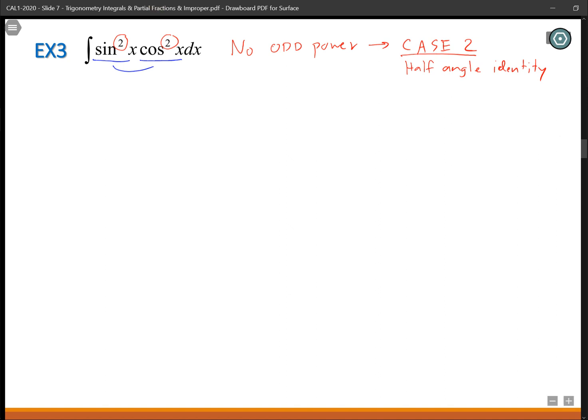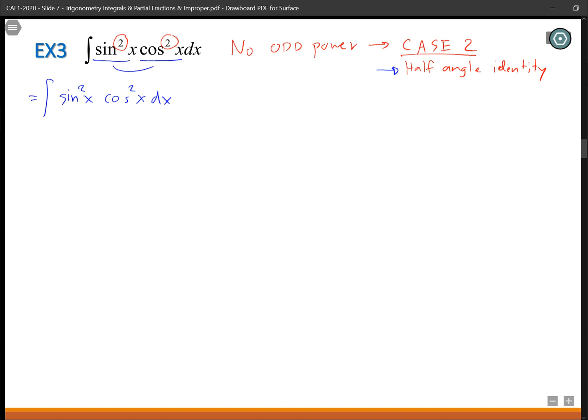Okay, now let's work on this integral. So here we have the integration of sine with the power of 2 and cosine of x with the power of 2, and we want to perform this half angle identity.